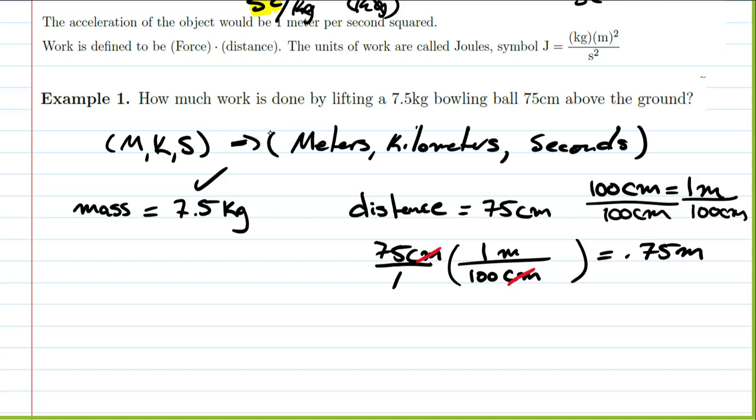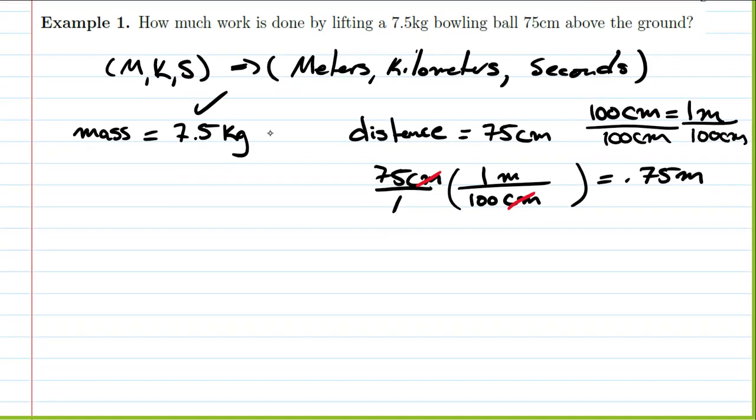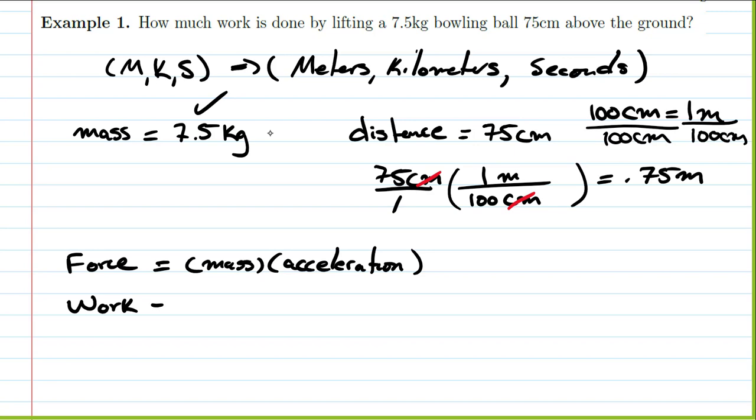Now we know that force is equal to mass times acceleration, and work is equal to force times distance. So we're going to have to calculate some of these things.